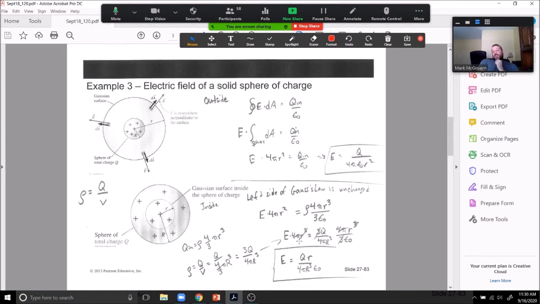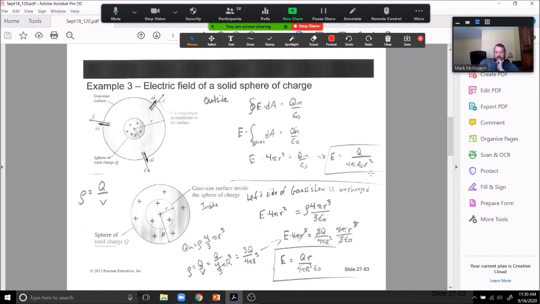So now I'm going to put this over here. I'm going to put in my expression for rho, which is 3Q over 4 pi R cubed, capital R cubed, right? And then the Q enclosed is the 4/3 pi r cubed, and then I have my epsilon naught. And a lot of things cancel, right?